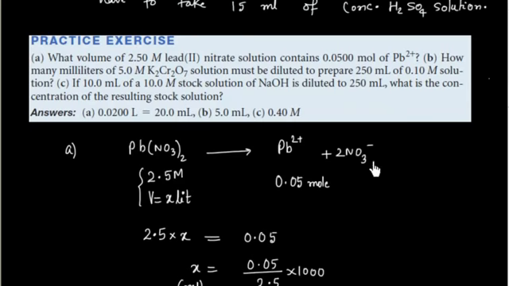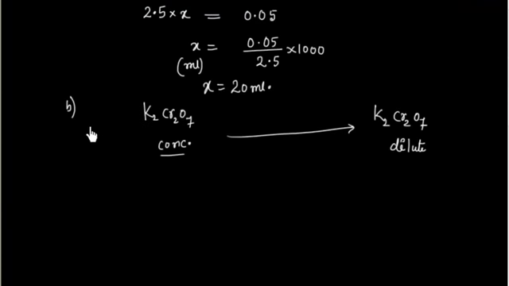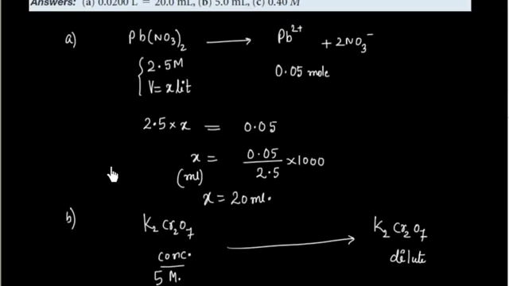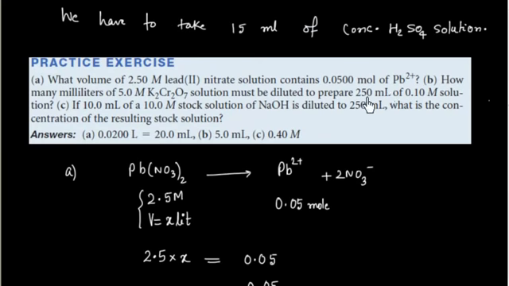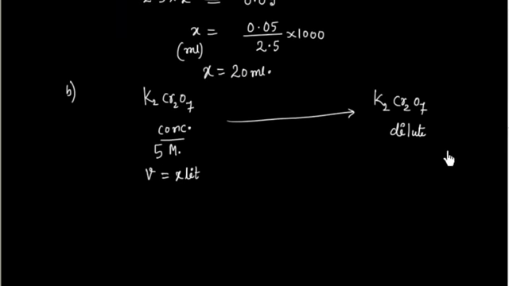In the first case it says 5 M solution, and we have to find what is the volume of K2Cr2O7 that should be taken. So let us say volume is x liter. Now K2Cr2O7 dilute, that is 250 ml, 0.1 M.